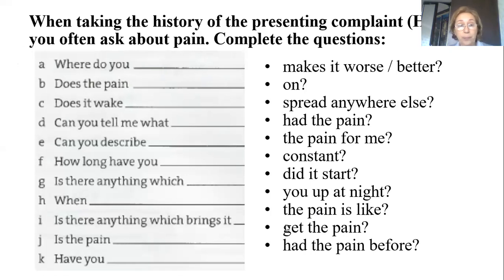This is the question. So please now let us do it also individually. Everyone, please write the questions, and then we'll check and discuss them, okay? Just 2 minutes to complete the task. Start please now.